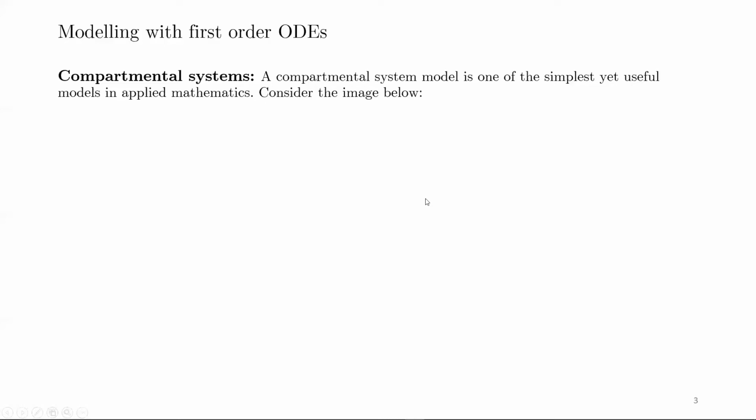Okay, so a compartmental systems model is one of the simplest but also one of the most useful models in applied mathematics. The premise is actually really simple. We have some compartment, which I'm representing by the box in the middle of the screen, and inside this compartment there is something.